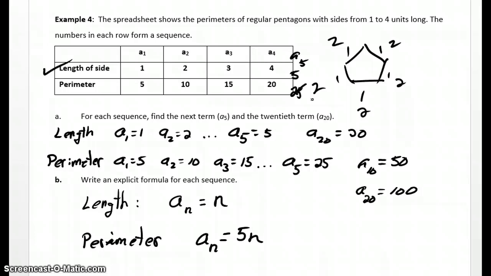So in order to find the perimeter, I'm going to say a sub n equals 5n. So this becomes pretty easy. So a sub 3 is simply 5 times 3, which is 15. And of course, that's what we know it should be. It matches our value in our spreadsheet.